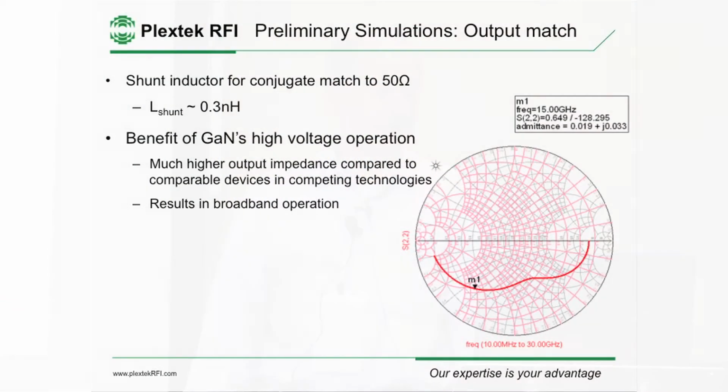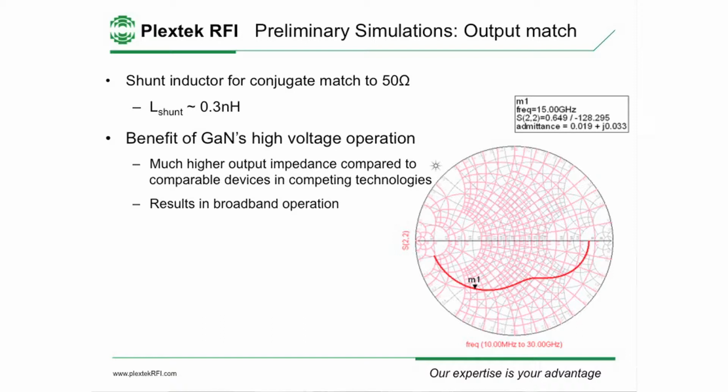We start looking at this transistor. Initially, we look at it in a 50 ohm system, and we see what we need to do in order to conjugately match it to 50 ohms. We're not going to conjugately match it, I will say that, but we start off looking at what we'll do. We'll conjugately match it, and with a 0.3 nanohenry inductor, that pretty much takes us to the 50 ohm point.